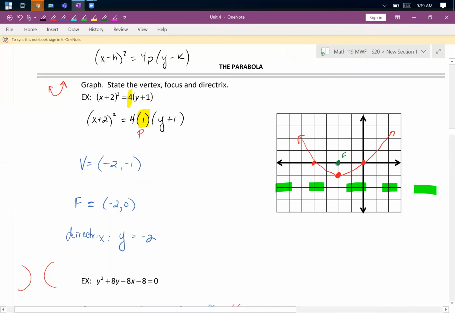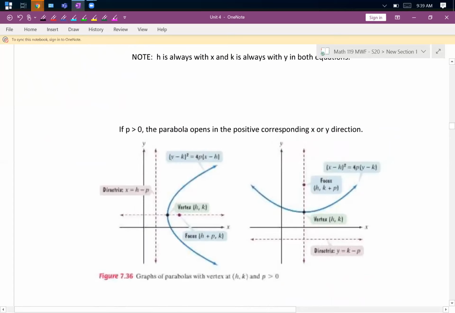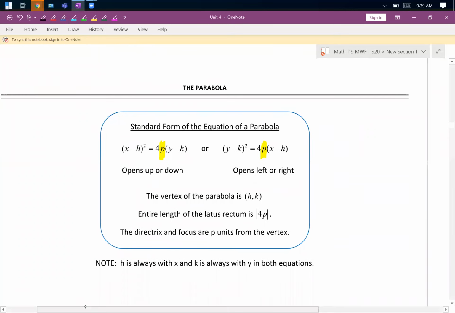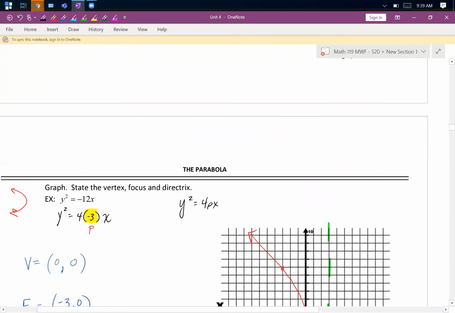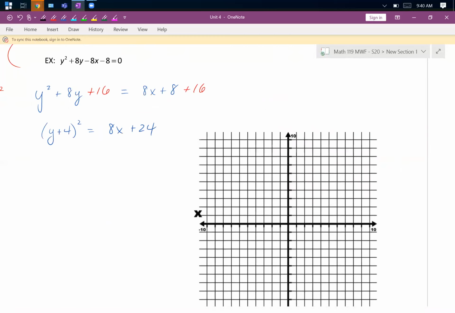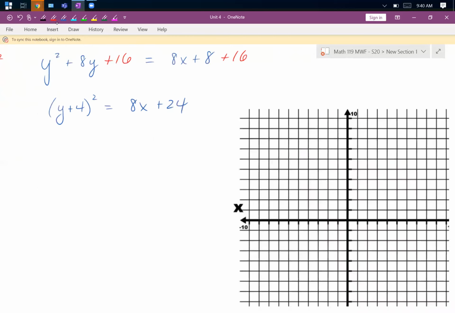If you look back to our standard form of a parabola, you'll notice that inside the parentheses where you have the x or the y, it always has a coefficient of 1. So to get our equation that we've just completed the square for into standard form, whatever the coefficient is over here, factor it out.